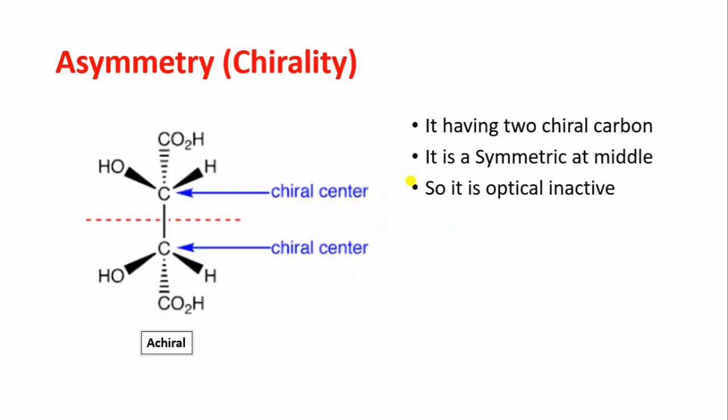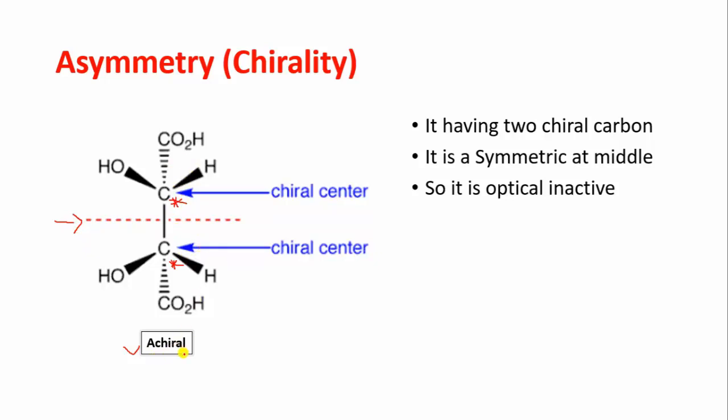Asymmetry. To understand asymmetry, in this example, we can see it has two chiral carbons. Even though it contains chiral carbons, it is an achiral compound because it has a plane of symmetry, because it is a symmetric compound.